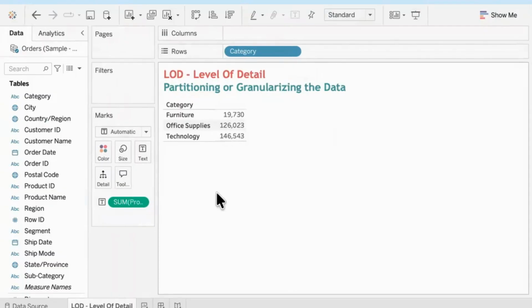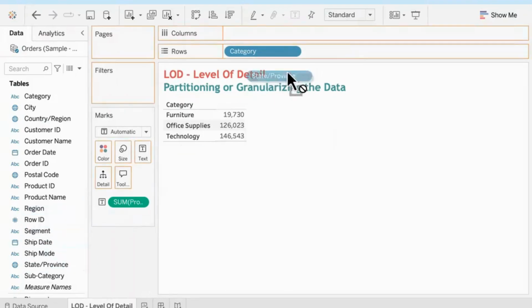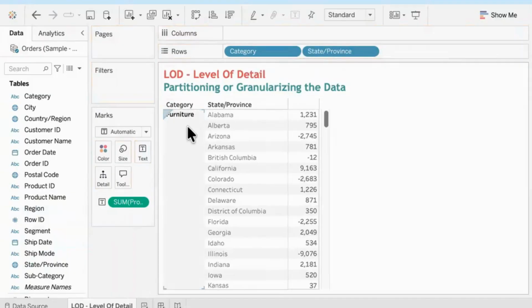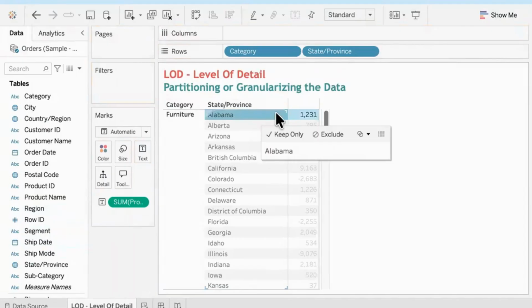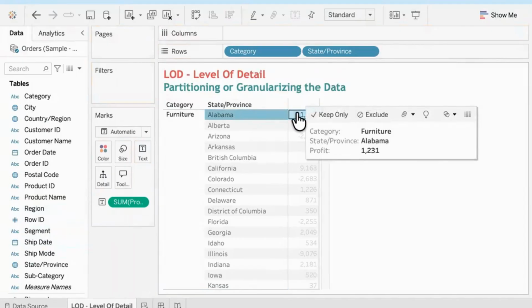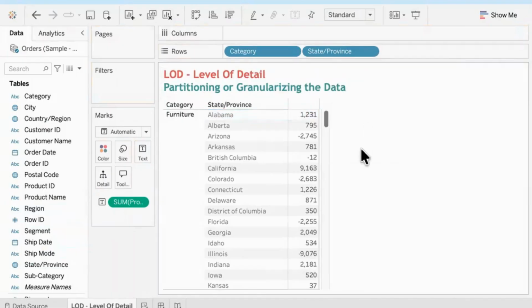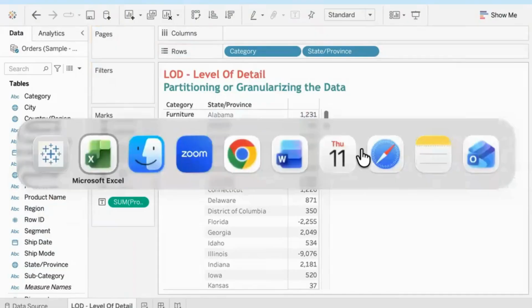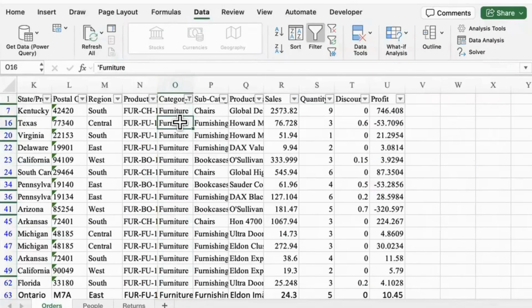What if I increase the number of dimensions here? What if, let's say, I bring in state? Within that category, it is now going to step into that state and then figure out what is the profit. So as we increase the dimensions, the granularity is increasing. We are stepping deeper and deeper into the data.